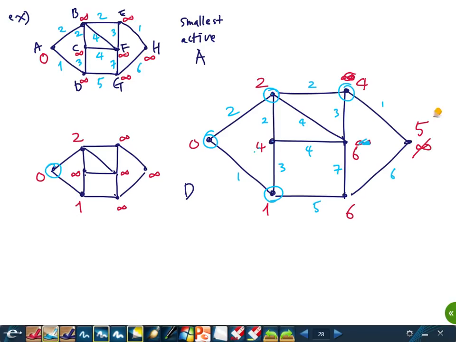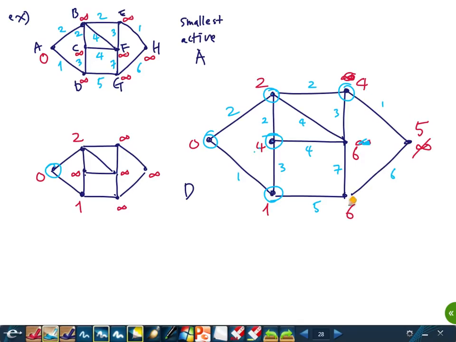We don't know yet if this is the smallest possible. So here, only this vertex is the only active vertex connected to this. But if you want to go from here to here, the cost will be 4 plus 4, 8, not smaller than 6. So you don't do anything. So this now is made inactive.